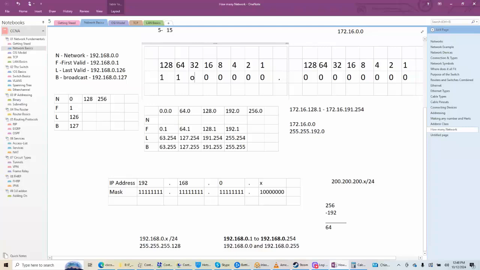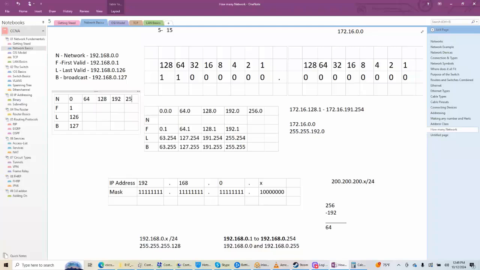Since I'm only doing a 192, that's going to give me 64 hosts. So that means now this number is going to change to 64, 128, 192.